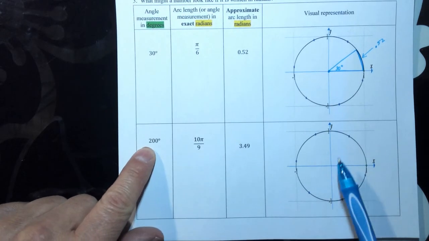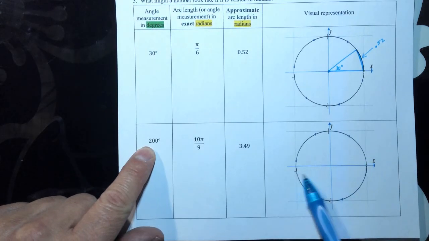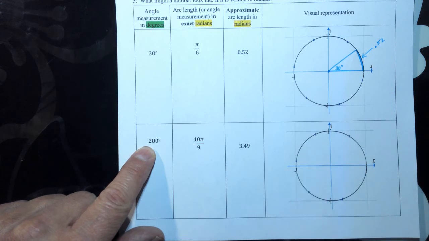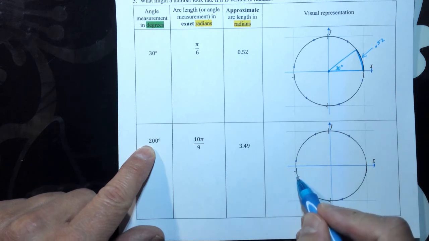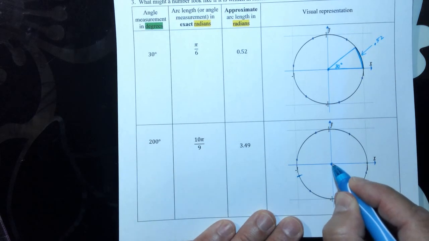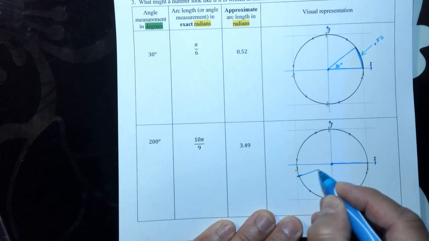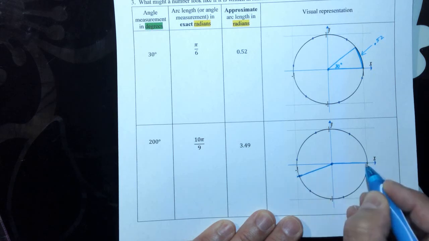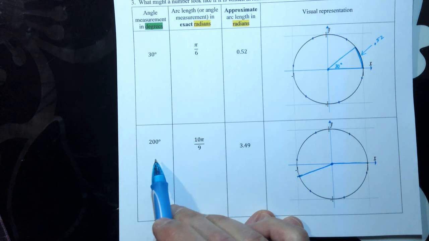200 degrees, you know, is somewhere, let's see, from here to here is 180, so 200 is about right there. Yeah? Let me draw that angle. So this angle is 200 degrees.